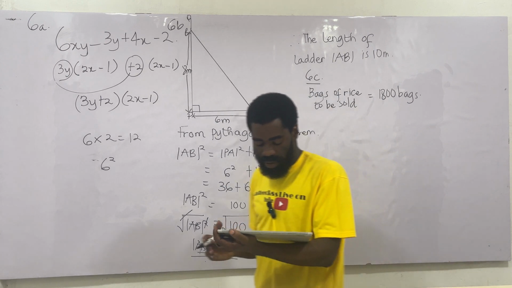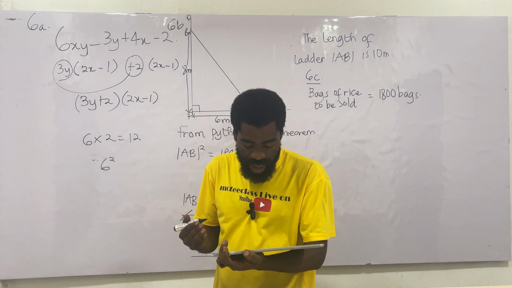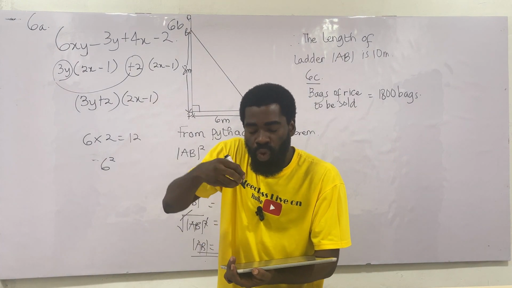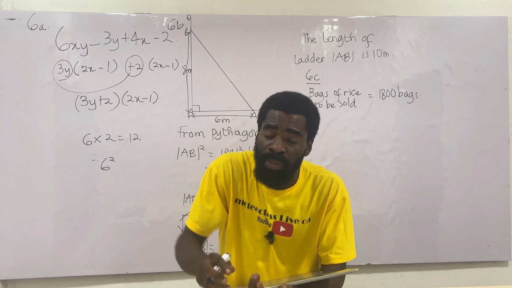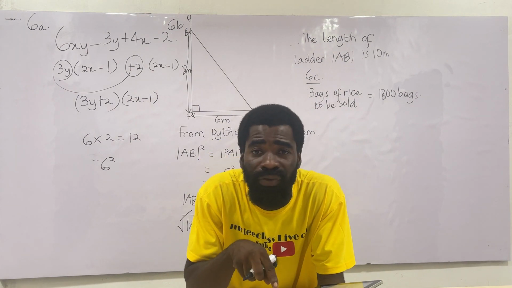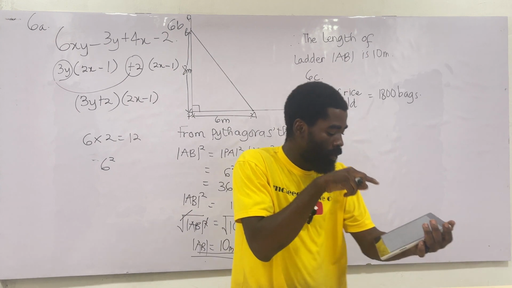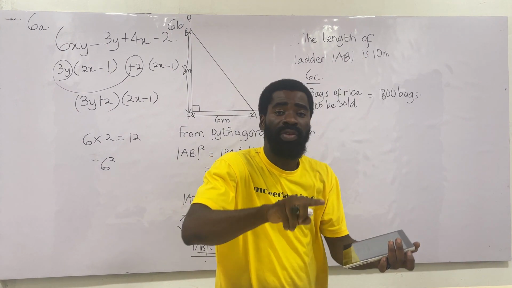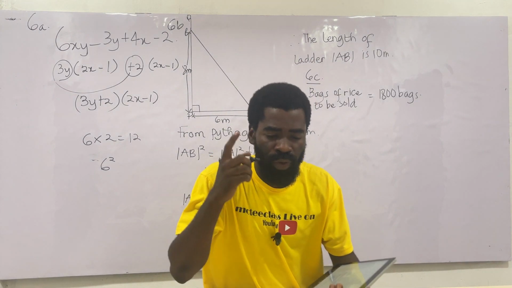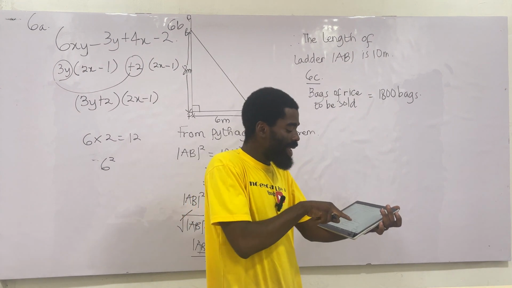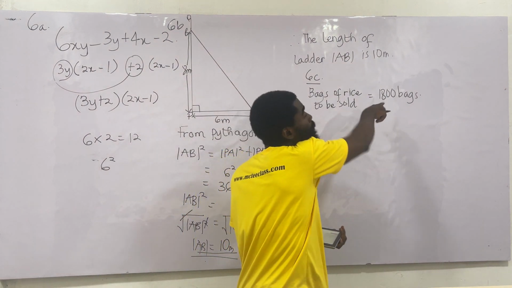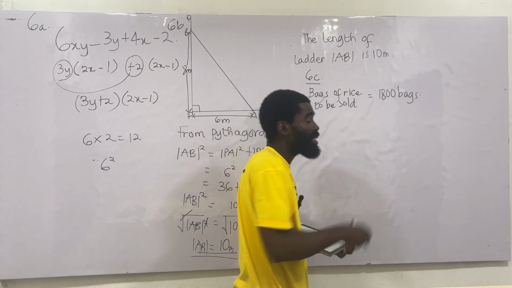Good. Then we continue. In January, he sold 2/3 of it. People, the answer is here. Don't get confused. If the question tells you that Kojo has sold 2/3 of it, in your mind, what were you told? You were told that "of" means multiplication. The "it" there is referring to the total number of bags of rice that Kojo had.